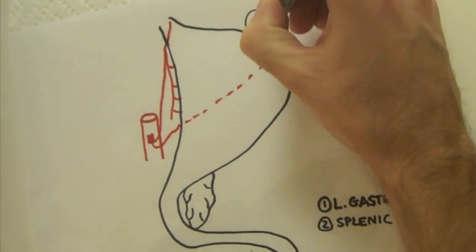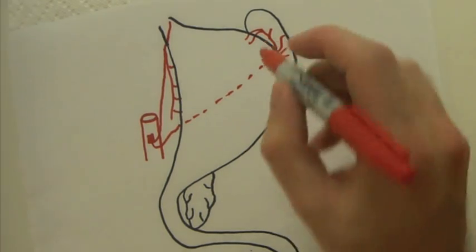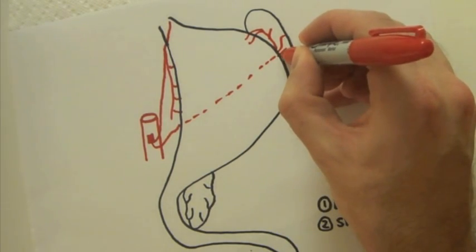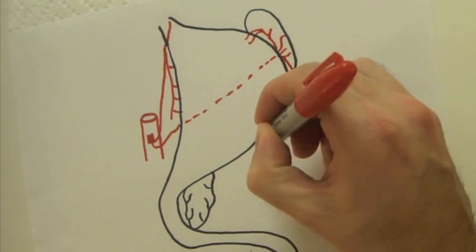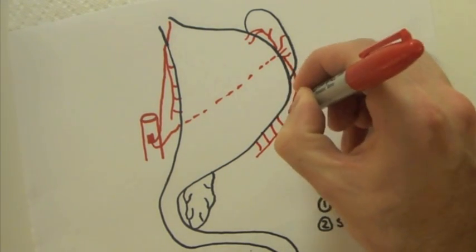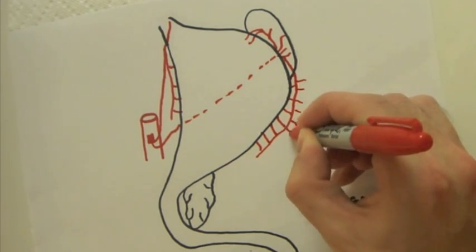It's also going to give several short branches back onto the stomach, which are appropriately named short gastric arteries. Finally, off of the splenic artery, we're going to have the left gastroepiploic artery, which is going to give gastric branches as well as omental branches.